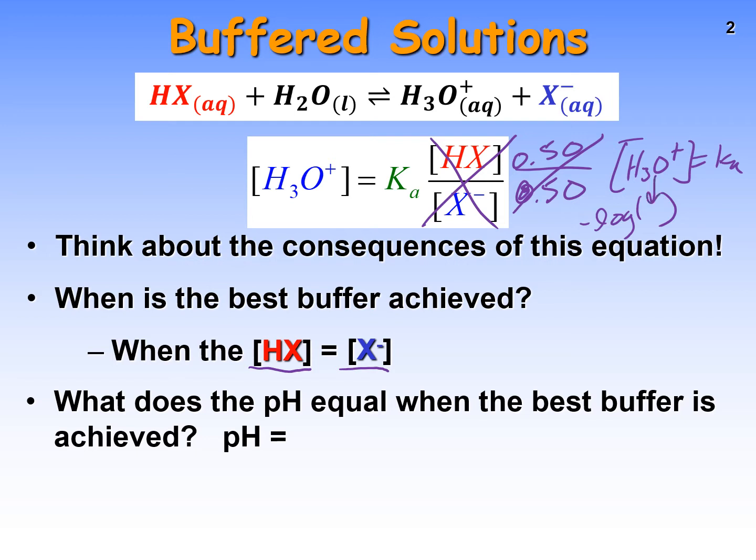What's the negative log of H3O+? That's equal to pH. What's the negative log of Ka? That's equal to pKa, like we talked about before. So when we have a buffer where we have equal concentrations of both HX and X minus, we know that pH is equal to pKa.